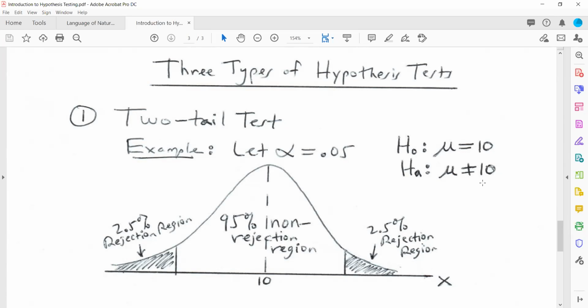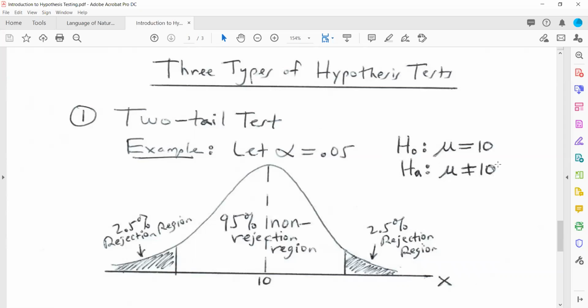Now, you will determine, as you'll see in the examples on Wednesday, which of the three possible types of hypothesis tests you have. In this case, if there's a not equal sign in the alternative hypothesis, this is called a two-tailed test, which means that your sample mean could be much less than the population mean for us to reject the null hypothesis, or it could be much greater than mu.